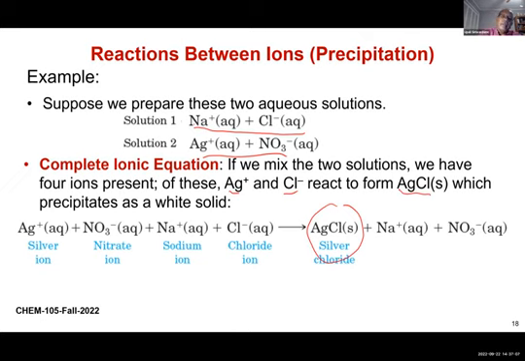The combination producing silver chloride is on the product side. The other combination is not producing an insoluble salt. When you add these, there are four ions on each side. Added together, they produce silver chloride. This is the product of the precipitation reaction, so you can separate out silver chloride.